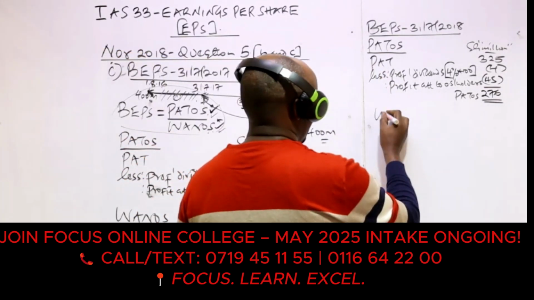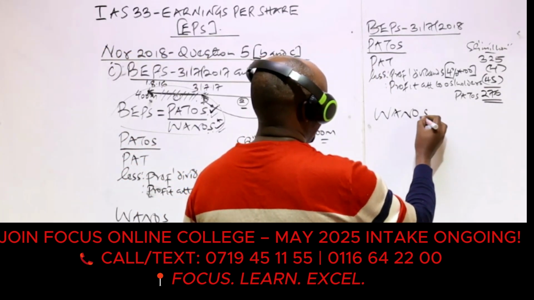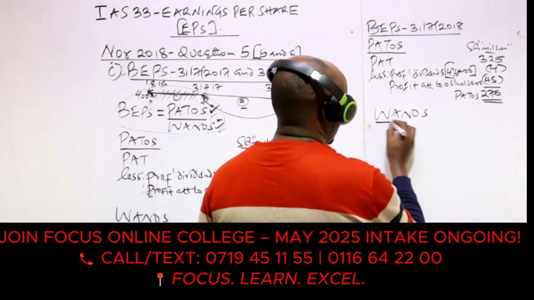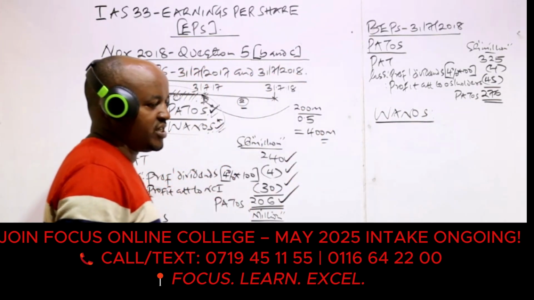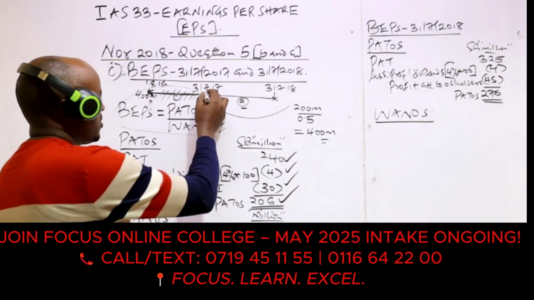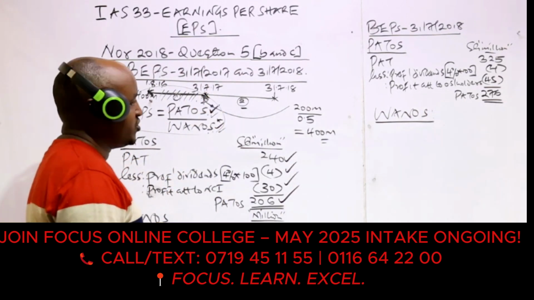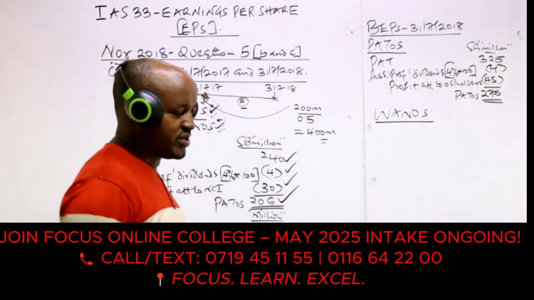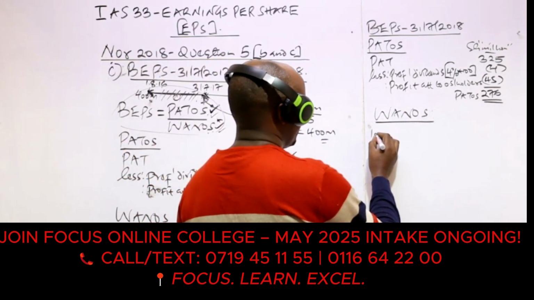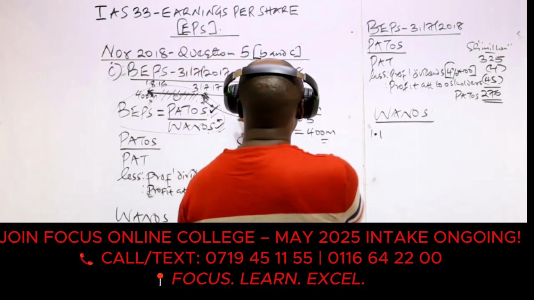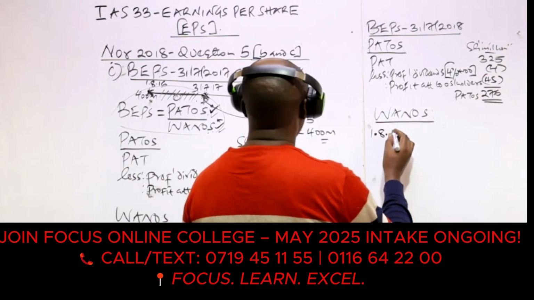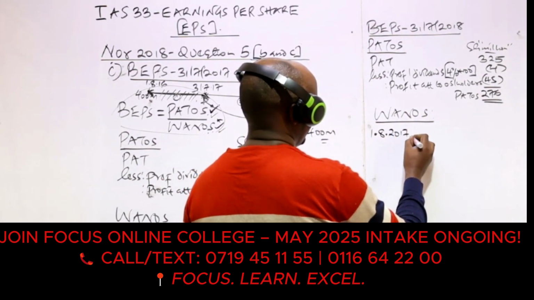And then from there, we need to proceed and we compute the WANOS, weighted average number of ordinary shares. So to compute the weighted average number of ordinary shares, we have to take into account the shares which were issued, the ordinary shares issued and prepaid at the start of this year, plus the other shares which were issued during that year. So here, what we start with are the shares which were issued at the start of the second year. Remember, this second year started on 1st of August 2017.